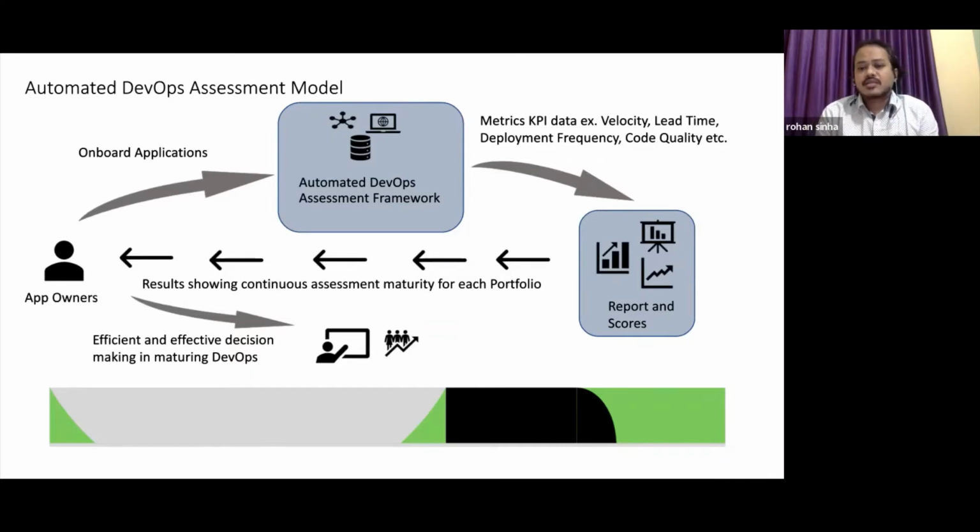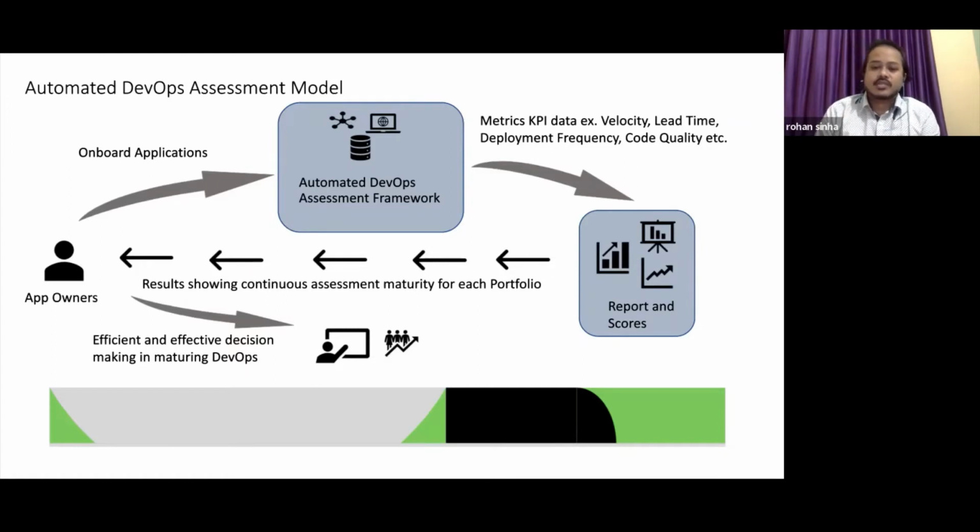Next, on the right-hand side, we see the report and scores, which include the metrics and KPI data, for example, velocity, lead time, deployment frequency, code quality, etc. These are calculated by the assessment framework and then passed on to the report level.